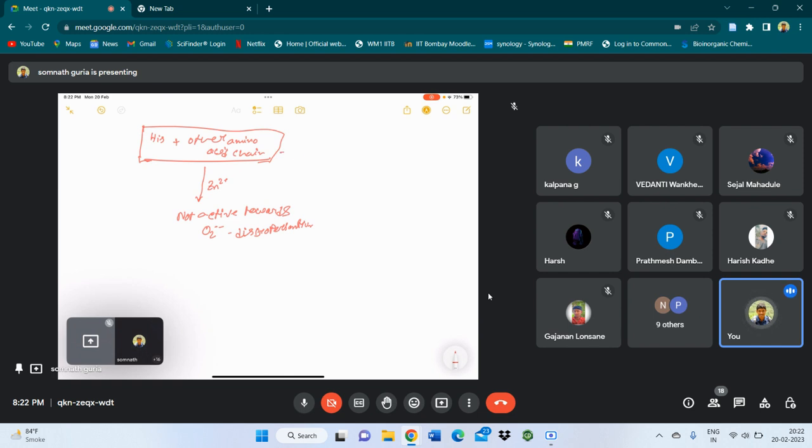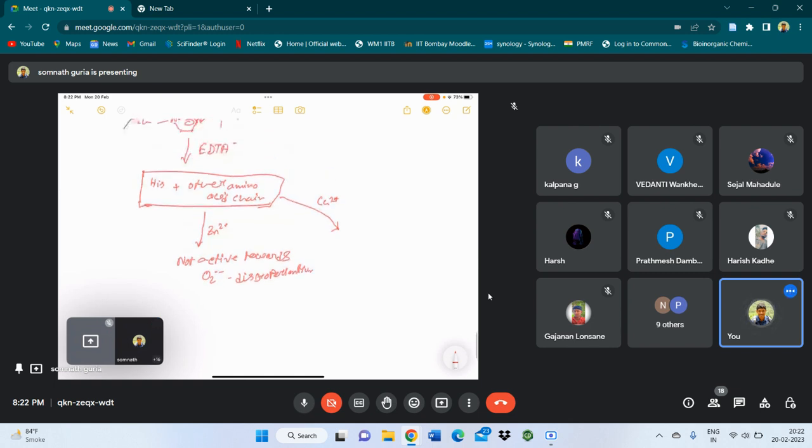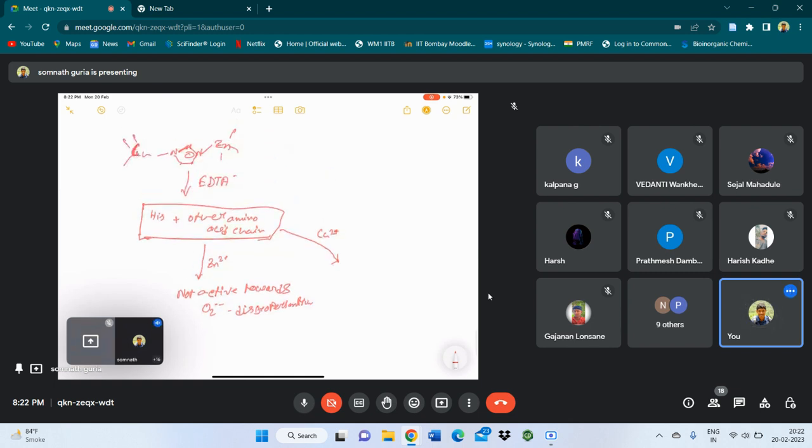Now, taking this solution, they treat it with copper 2+. They found that both metal sites are substituted, so both are now copper.